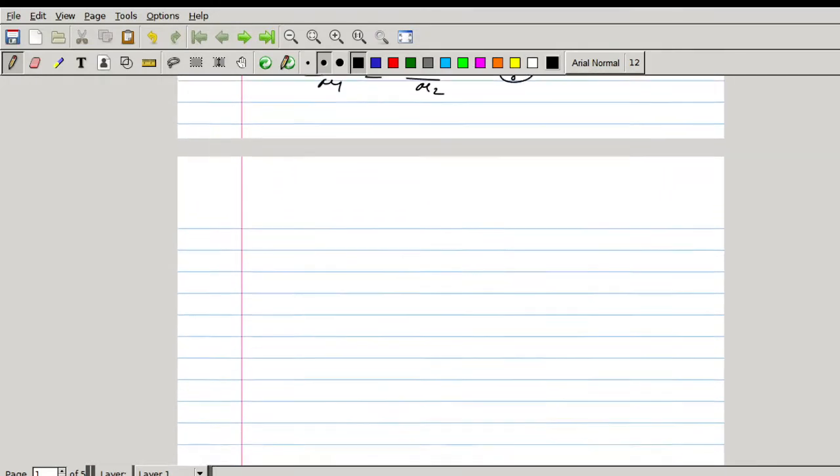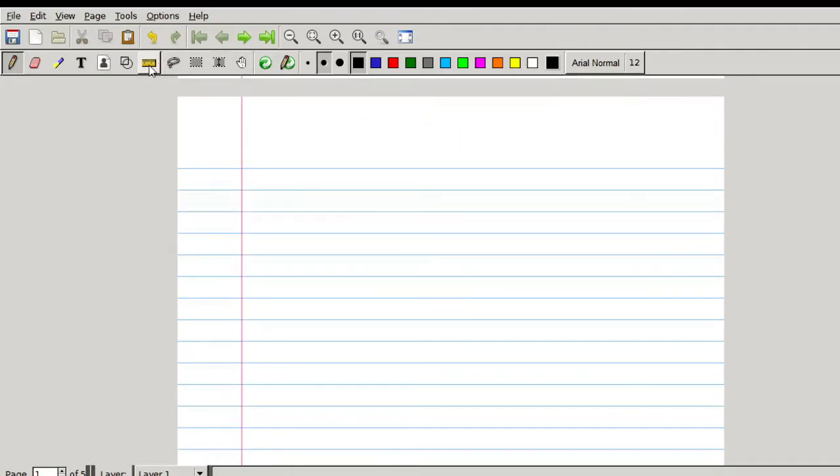Now we will consider a surface along the xy plane.